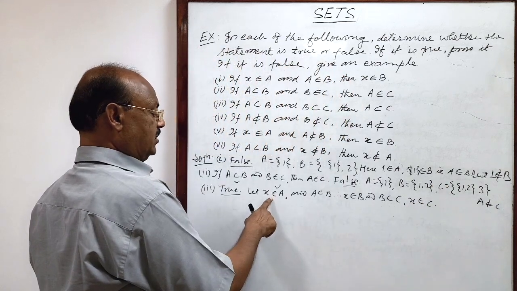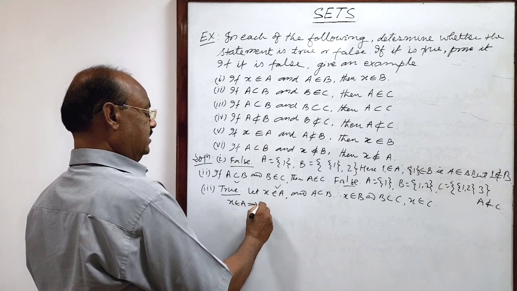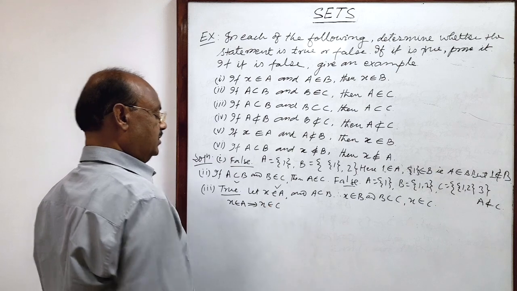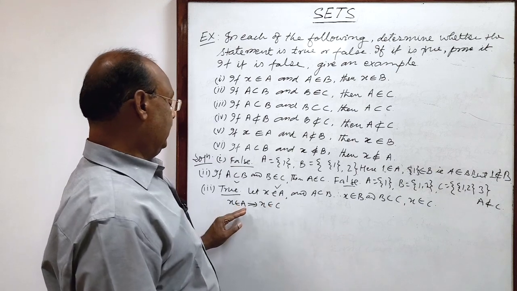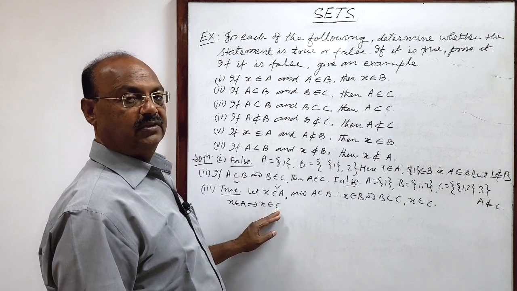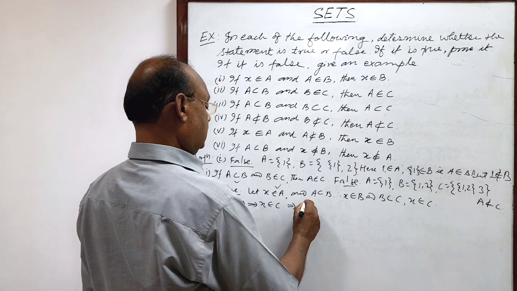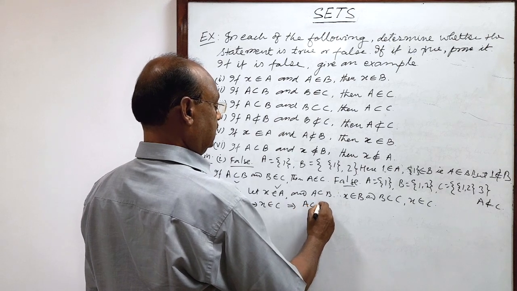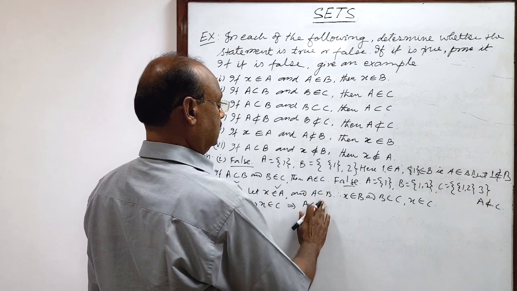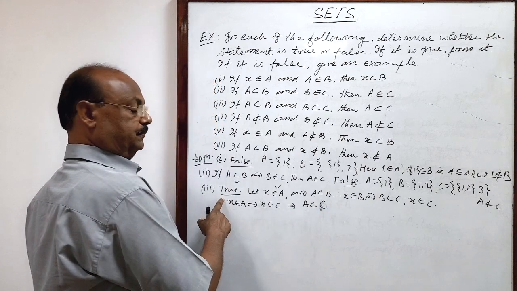Here we started with X belongs to A implies X belongs to C, meaning all elements of set A are also elements of set C. It means set A is a subset of set C. So this is true.